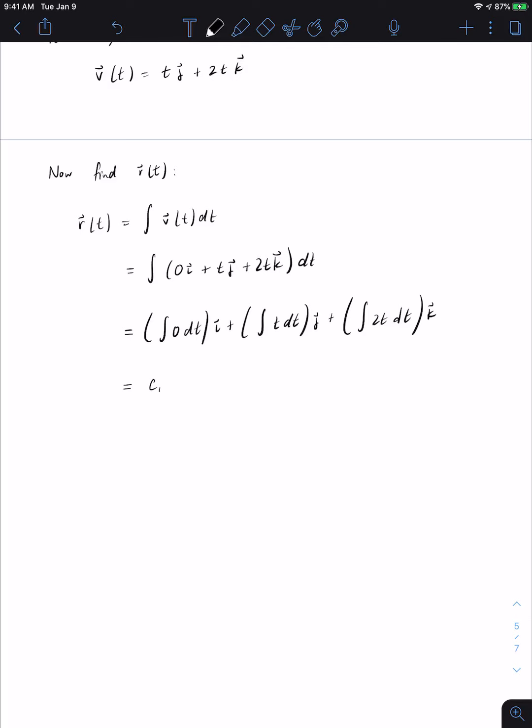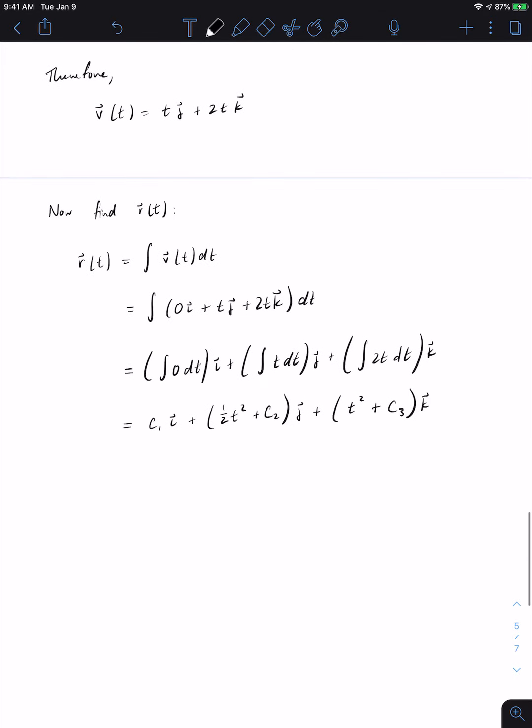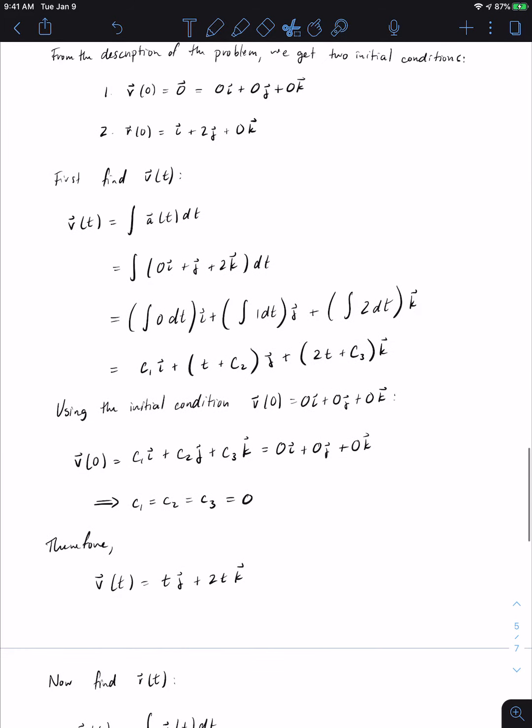So here I get c1i plus 1/2 t squared plus c2 in the j component, plus t squared plus c3 in the k component. Right? And now I use my second initial condition, and remember this one was that, I'll just copy and paste it here.